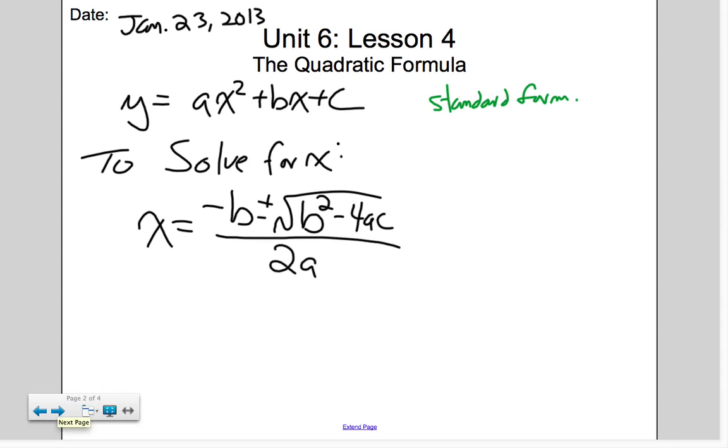Memorize it. I suggest for your homework tonight, because you're going to practice using the quadratic formula, write it out for every single question, because that's how you're going to start memorizing it. Minus b plus or minus the square root of b squared minus 4ac, divided by 2a.